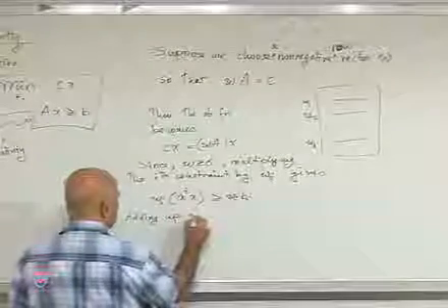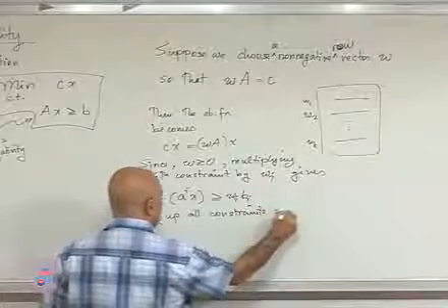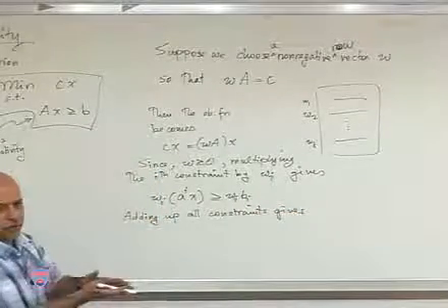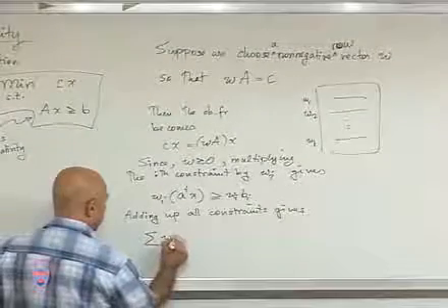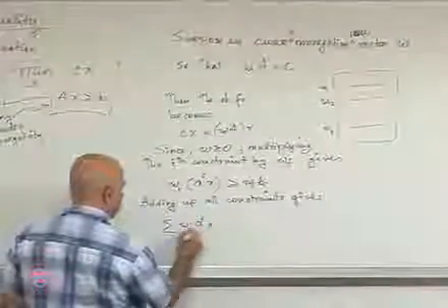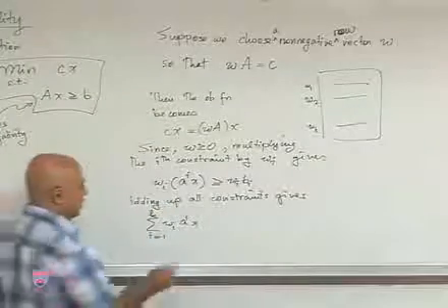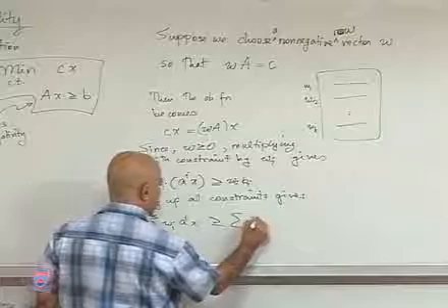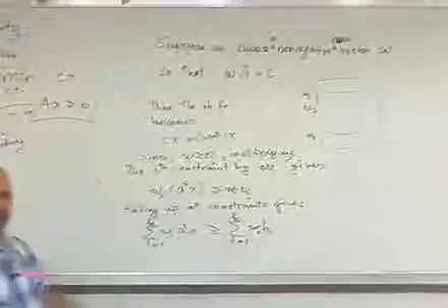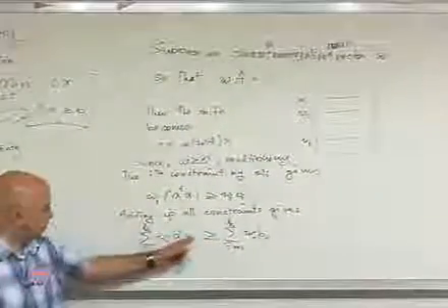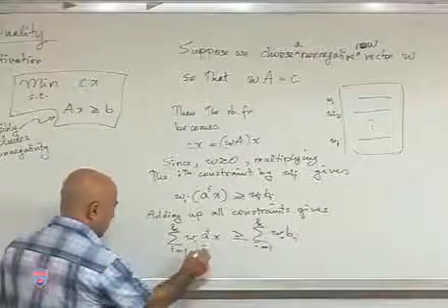Adding up all constraints gives, well, you're simply adding all the constraints after multiplication. So on the left side, of course, we've got Wi times Ai x, i going from 1 to k. We've got k constraints. On the right side, we have Wi Bi, i going from 1 to k again. So inequalities are preserved. But what is this?